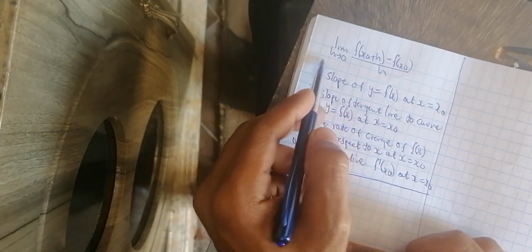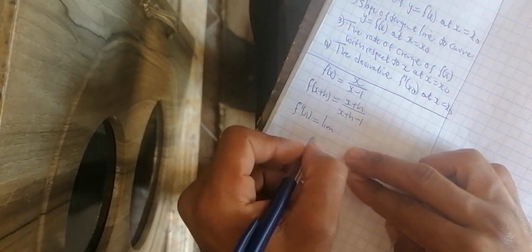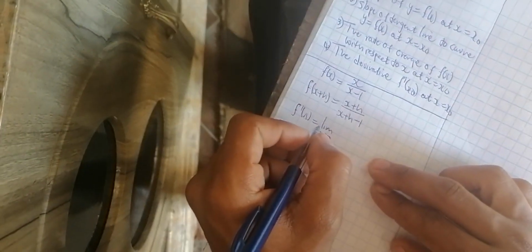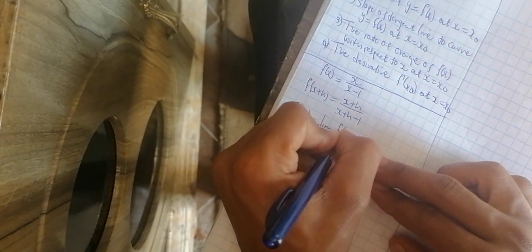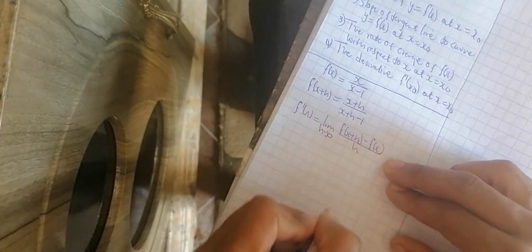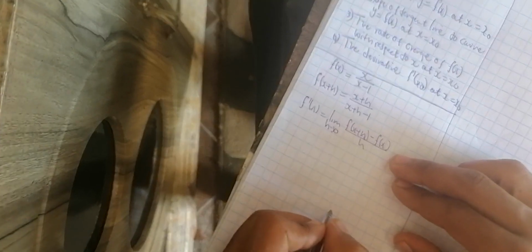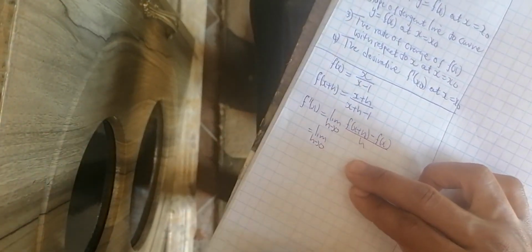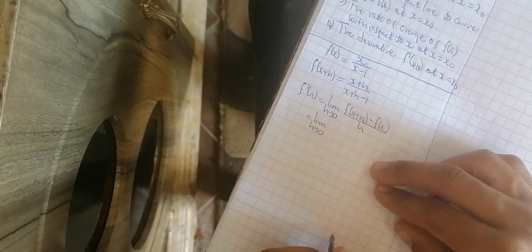Remember I said we will be using the definition. The limit as h tends to 0 of f at x plus h minus f at x, divided by h. Remember we have to keep on writing the limit.